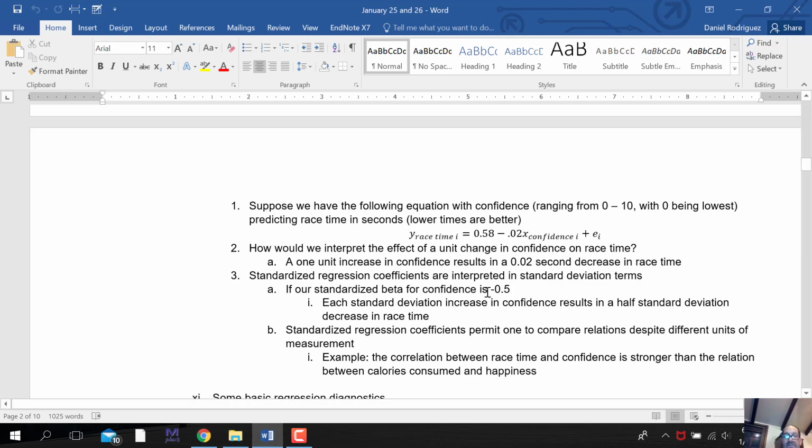Let's say the standardized version is negative 0.5. So we'd have the same equation, but you'd have a negative 0.5 here instead of minus 0.2. I would read this as follows: each standard deviation increase in confidence results in a 0.5, or half standard deviation, decrease in race time.